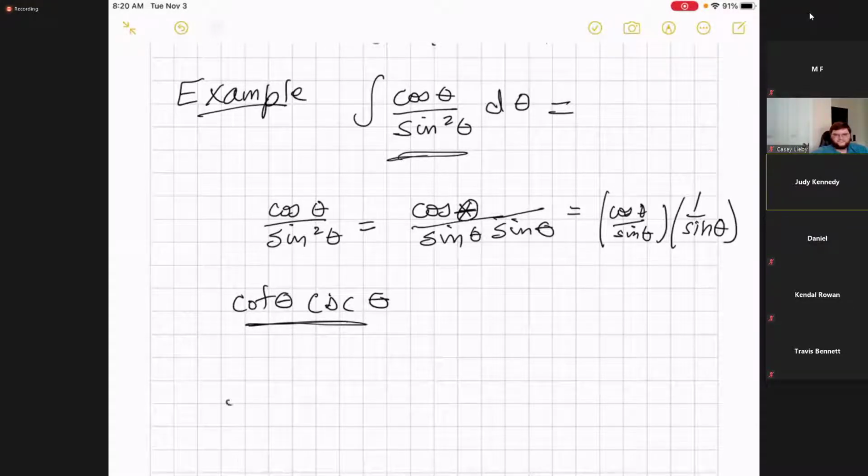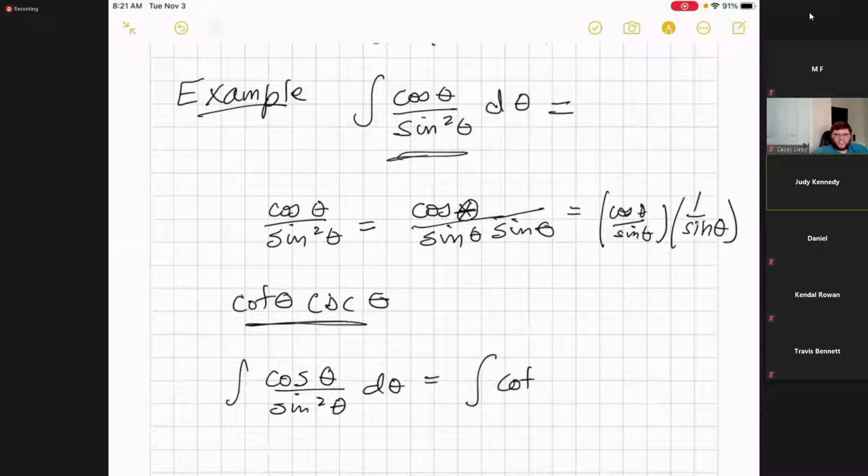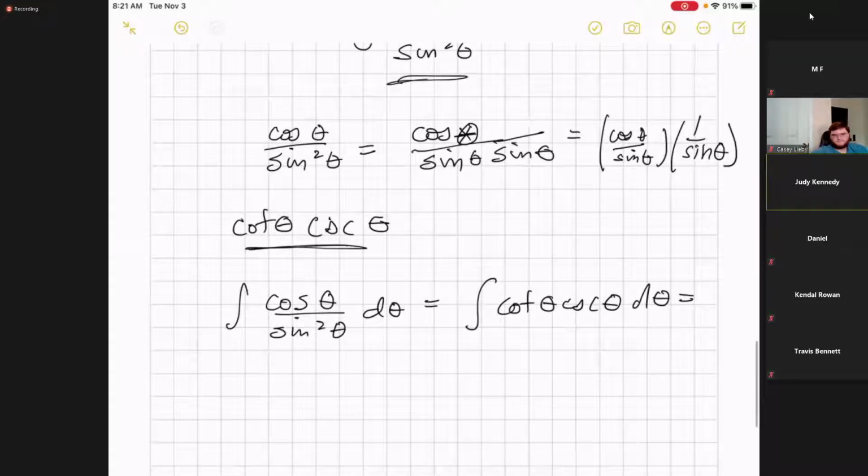So the integral of cosine theta over sine squared theta d theta is the same as the integral of the cotangent of theta times the cosecant of theta d theta, and that's equal to minus the cosecant of theta.